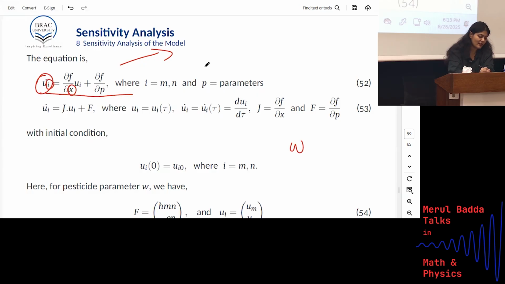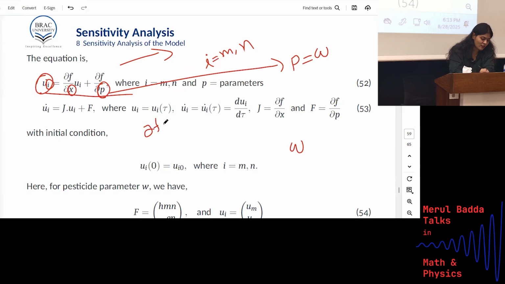The state variables are M and N. P is the parameter. In this sensitivity analysis, we consider the parameter as W, which represents the amount of the pesticide. Here, we do the Jacobian matrix of our main model.